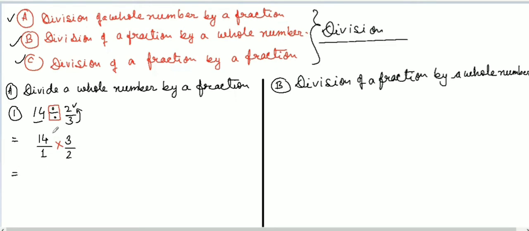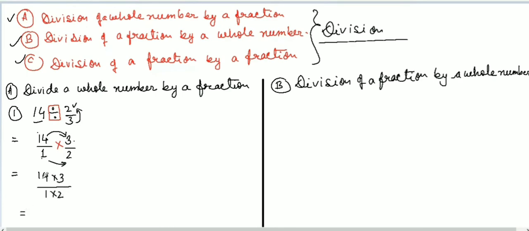Now multiply across. It is a fraction multiplied by a fraction. The rule says you have to multiply the numerator of the first fraction by the numerator of the second fraction. So write down 14 multiplied by 3 over 1 multiplied by 2.